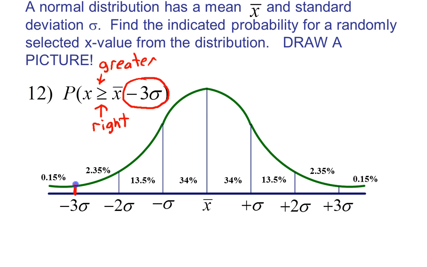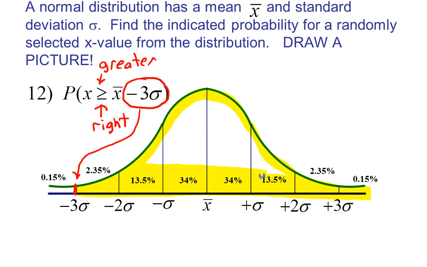So in other words, this is the spot that we are talking about right here, and we want to be greater than or equal to that. So we are talking about this, to the right, like this. Okay, we are talking about this zone.